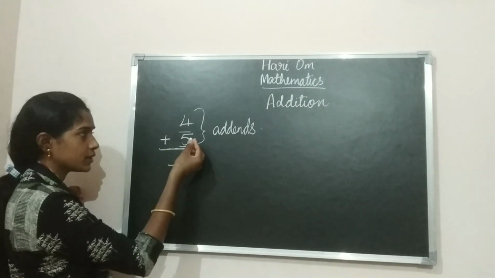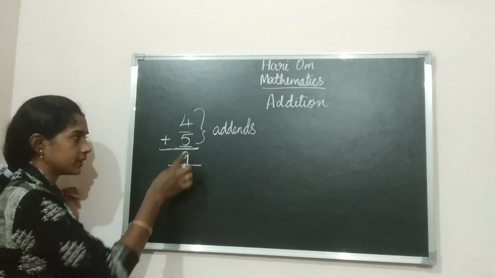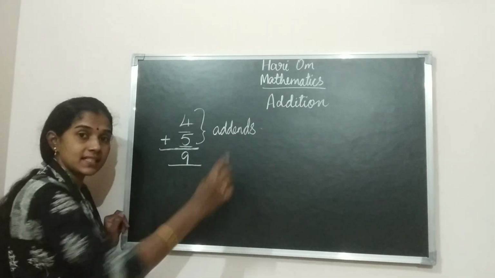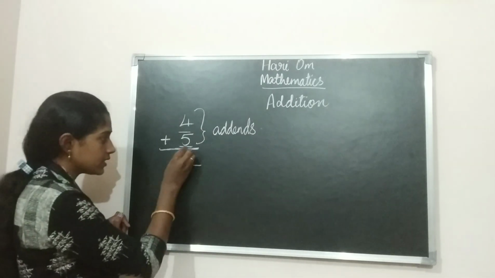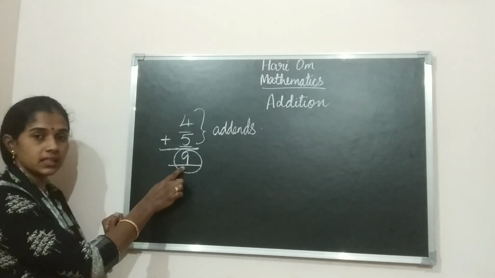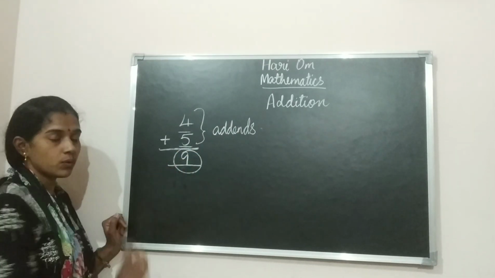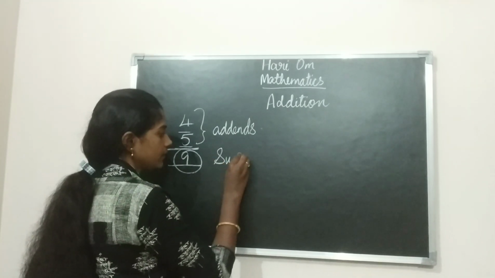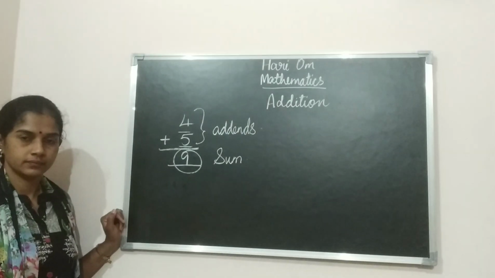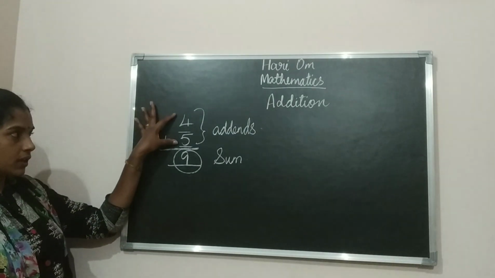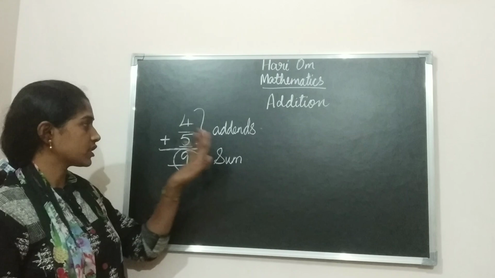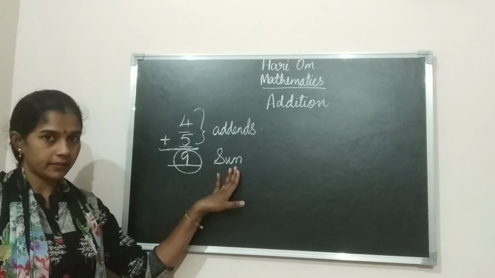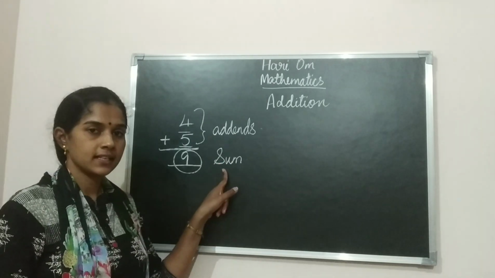And the answer we have got here, 9, is called the sum. So the two numbers we are adding are called addends, and the answer we get after adding is called the sum.